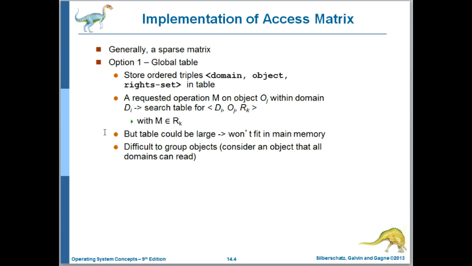The table can be large. Even though we're compressing, in a sense, a sparse matrix, this table could still be large. And with respect to the difficulty that occurs to me in a situation such as this, we could use a wildcard domain that would match any domain.